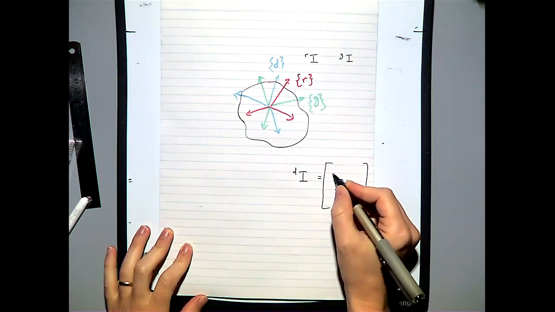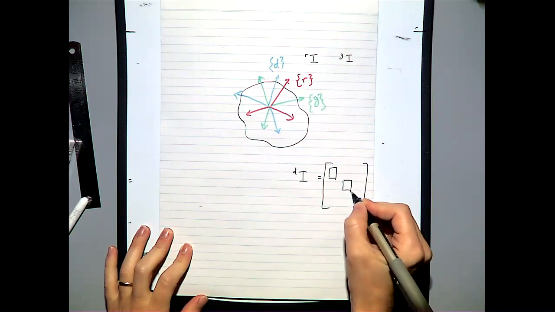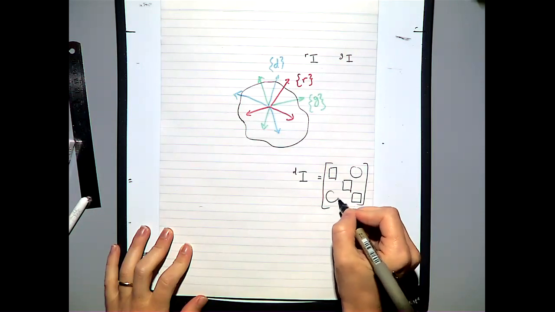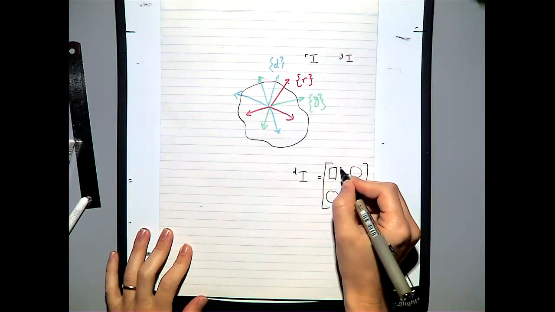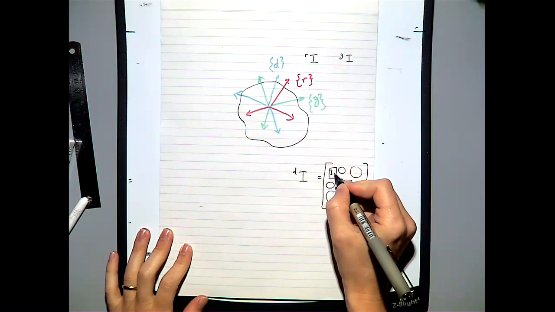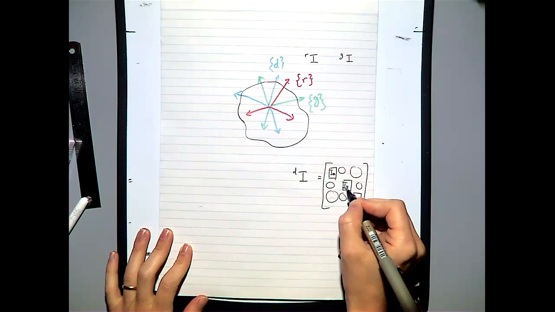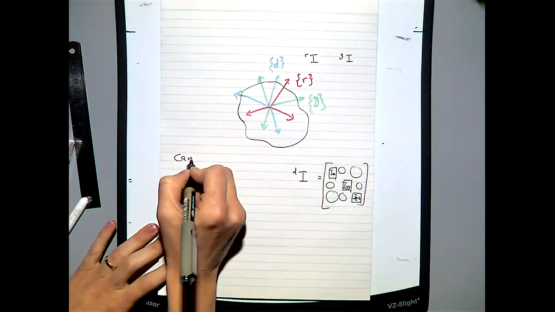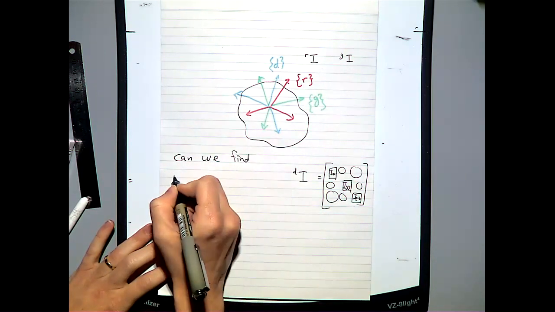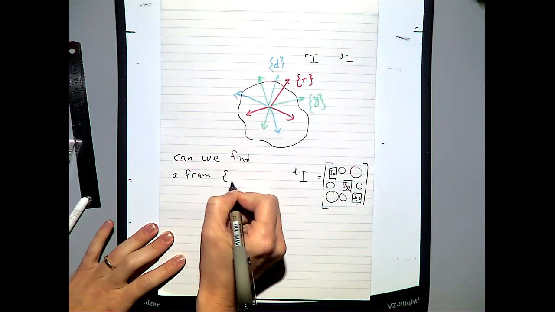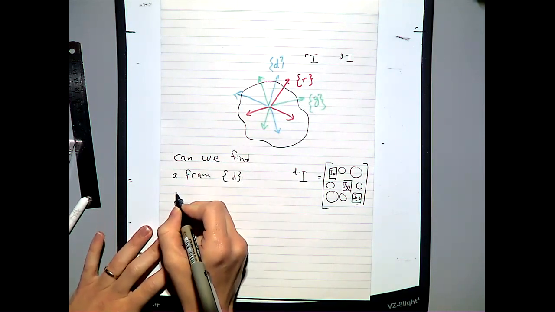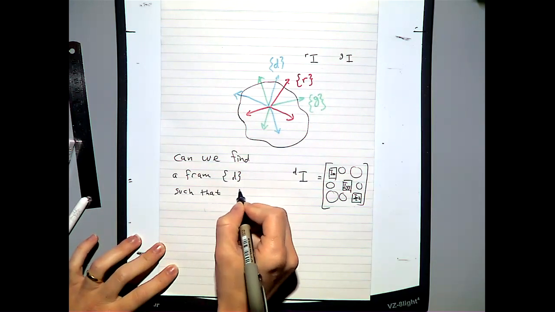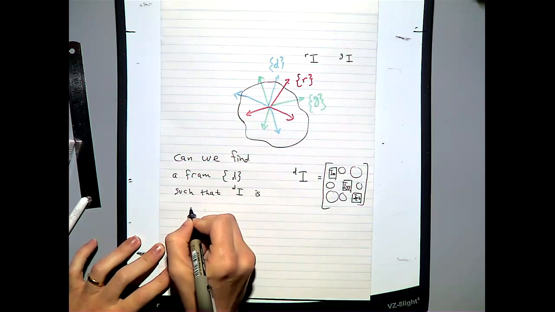It has some components here, and the rest is all zeros. So this will be some kind of Ixx, Iyy, Izz. So can we find a frame D such that I in that frame is diagonal?